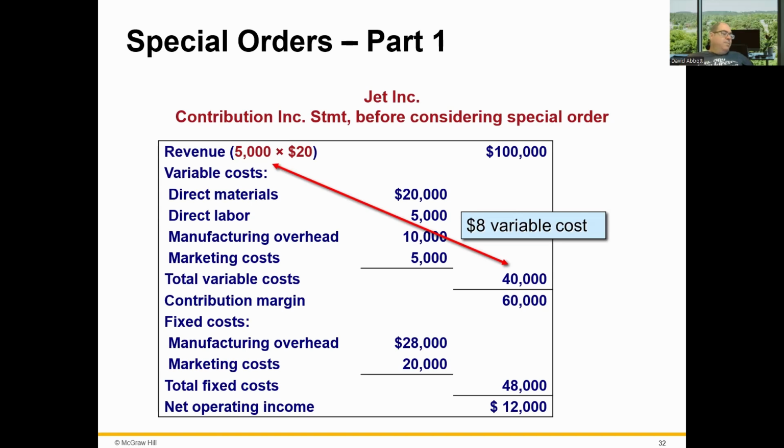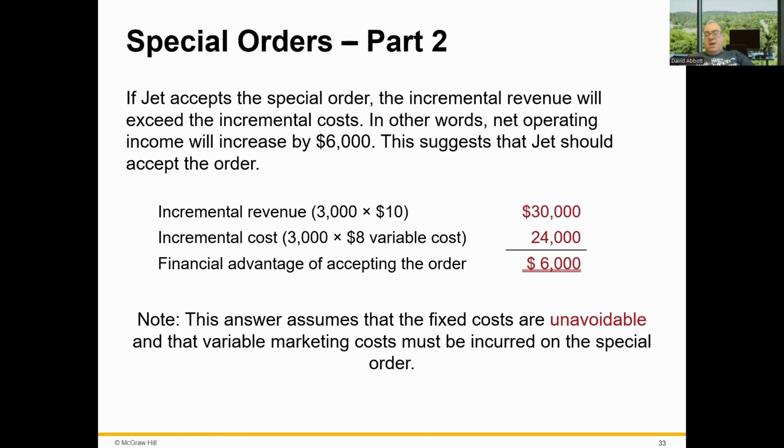Okay. So a contribution margin format income statement for Jet Inc.'s normal sales of the 5,000 units is shown. And it's showing that their variable cost was 8.